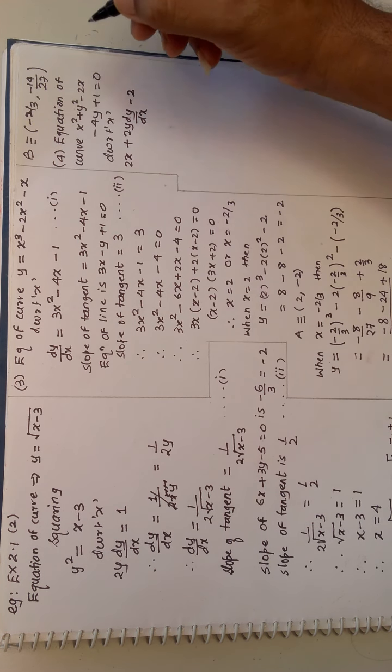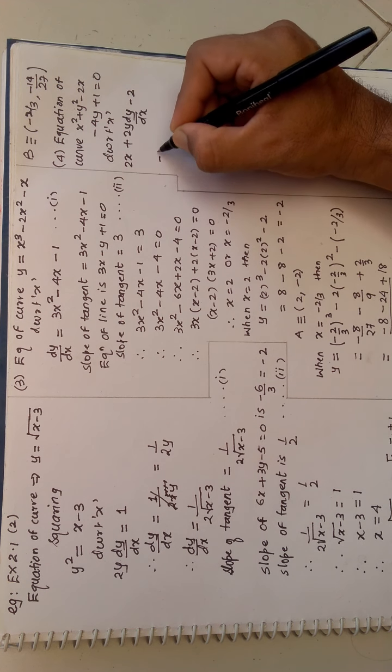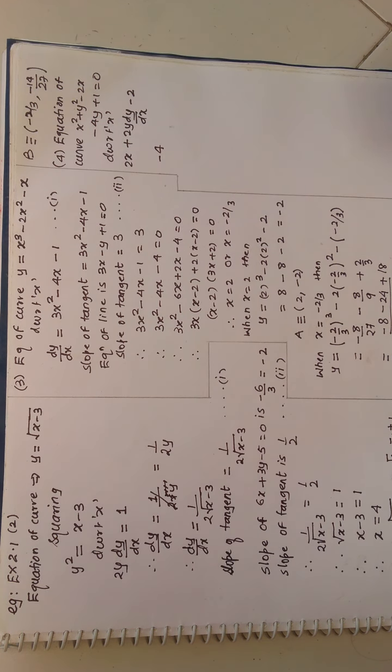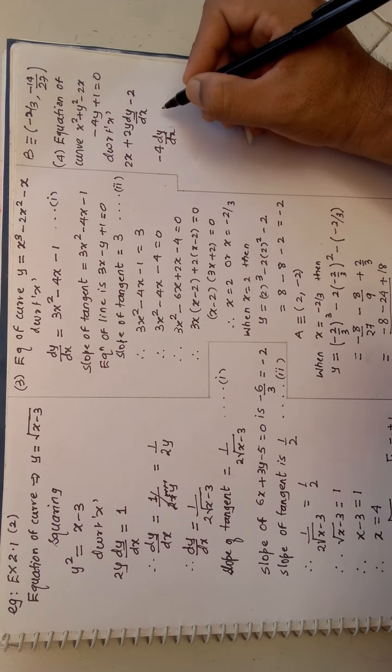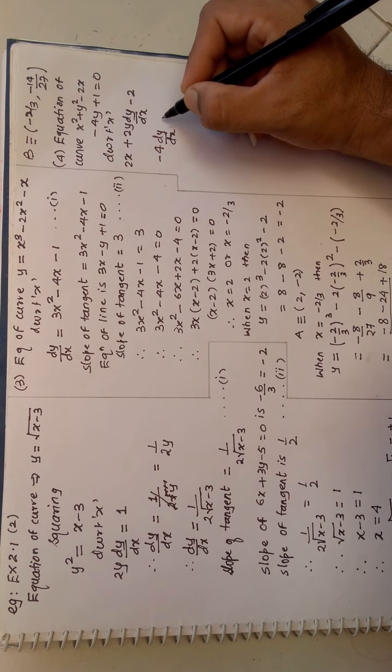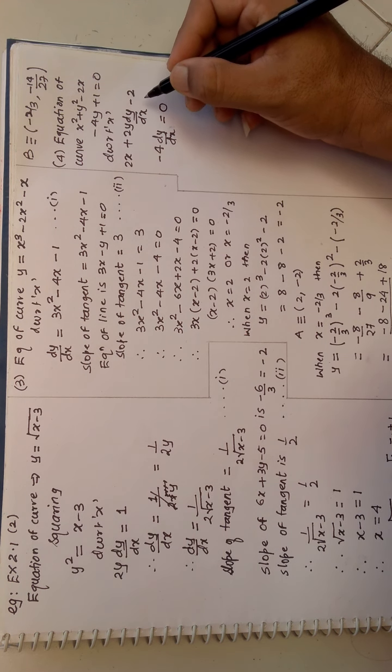Minus 2 into the derivative of x as 1, minus 4y, but we are differentiating with respect to x, so y is considered a function of x, the derivative being 1, and then by chain rule we get dy by dx. And plus 1 is a constant, so the derivative of the constant is 0. So this is equal to 0.